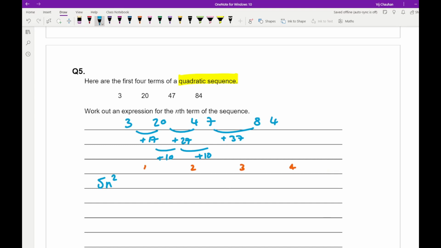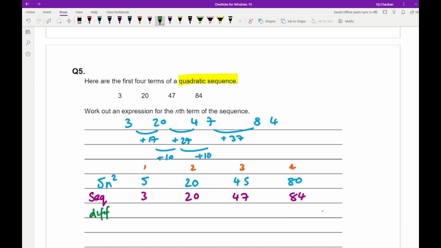So 1 squared is 1, times 5 is 5, 2 squared is 4, times 5 is 20, 3 squared is 9, times 5 is 45, and 4 squared is 16, times 5 gives me 80. Now if I write down what the original sequence is, which is 3, 20, 47, and 84, what I now need to do is work out what the difference is between 5n squared and the sequence.